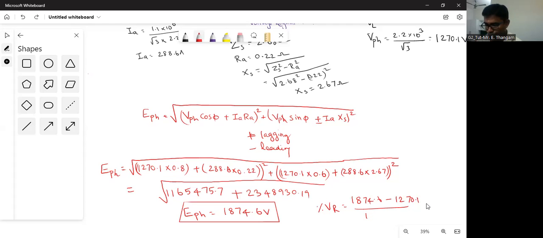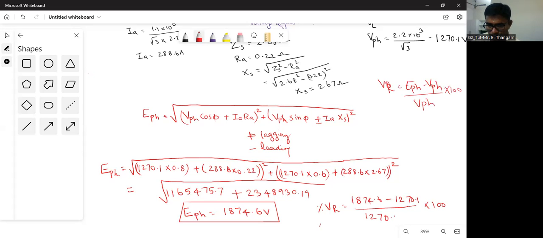That's all. We have only one more step. So V phase is 1270.1, into 100. This is the formula to calculate voltage regulation: E phase minus V phase by V phase into 100. So in that formula, I am applying it here.